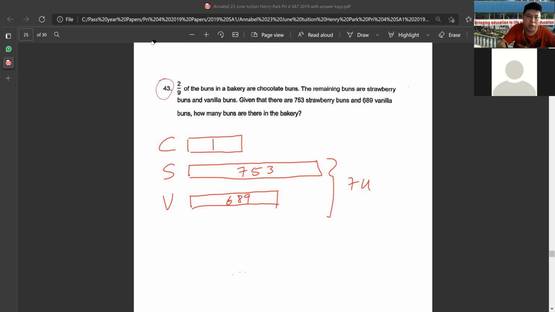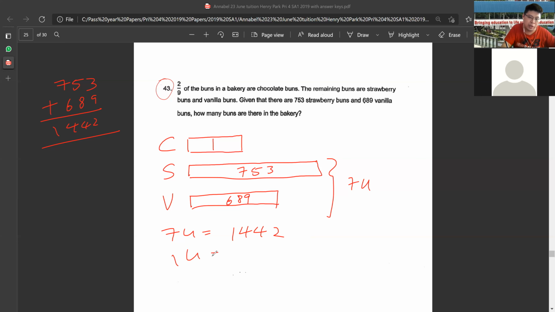These two added together is how many? 7. 1442. Okay.